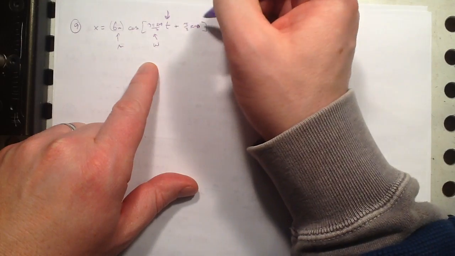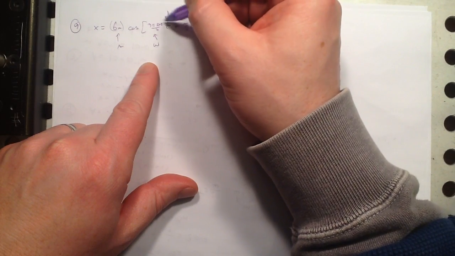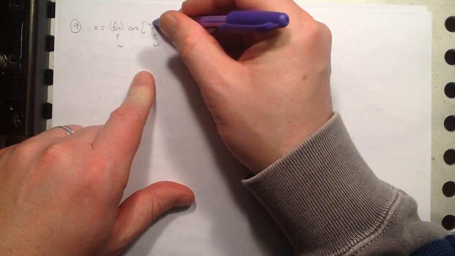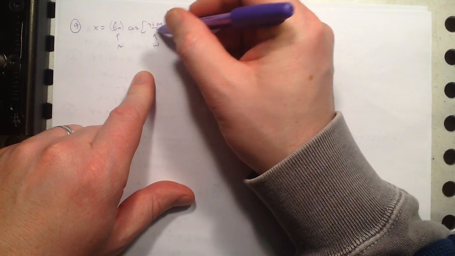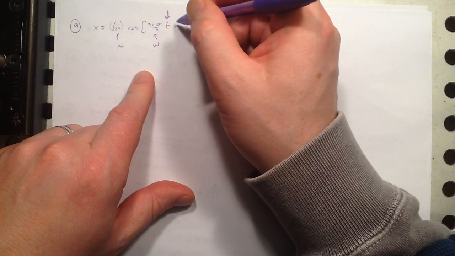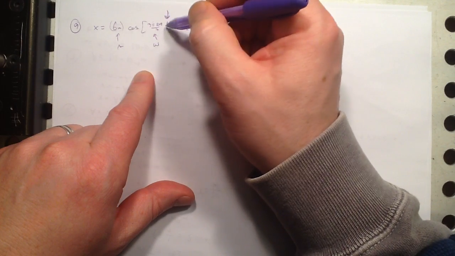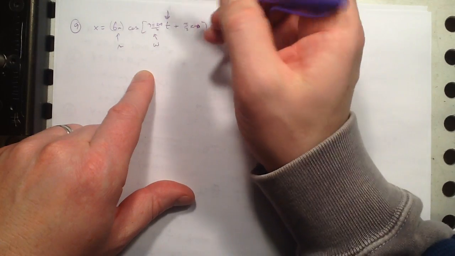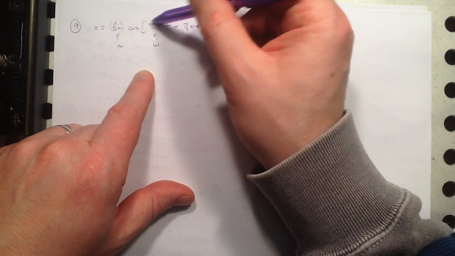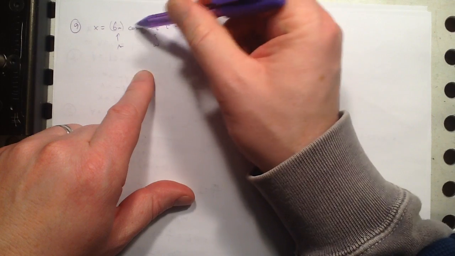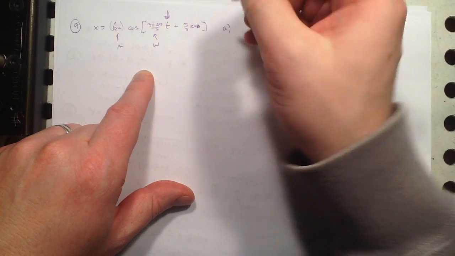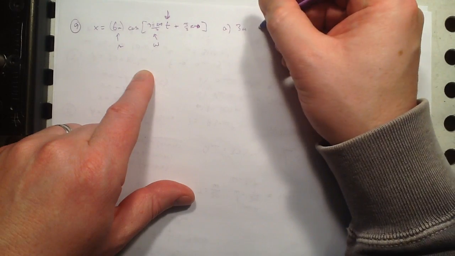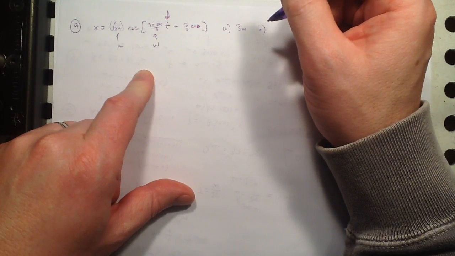Let's see if we can do this without a calculator. If I plug 2 in here, I get 6 pi, and 6 pi is a multiple of 2 pi, so to see where I am, I can throw out multiples of 2 pi, because it just repeats itself over and over again. So that means I'm at cosine of pi over 3, that's 1/2 times 6, so that would be 3 meters. You could use your calculator for that, but that's what it is.